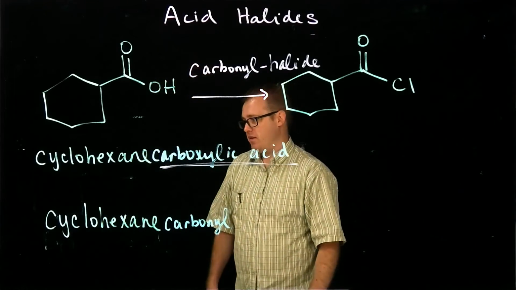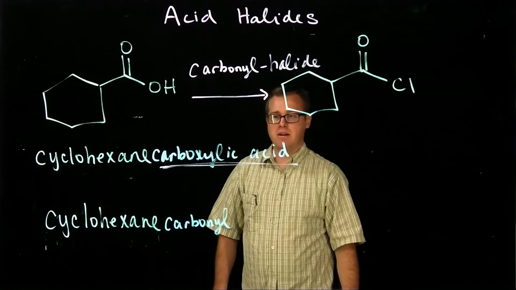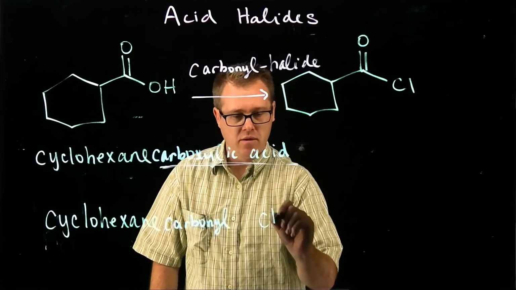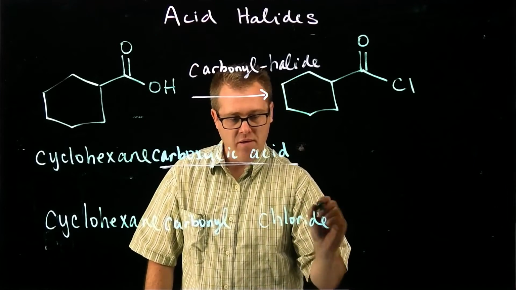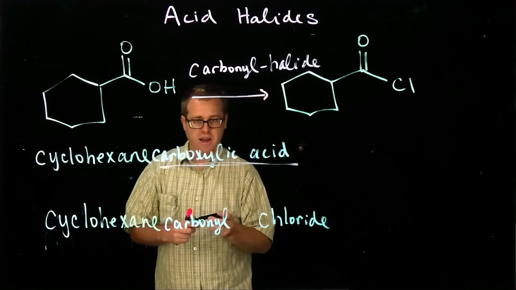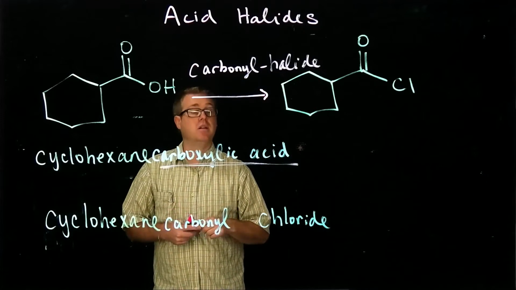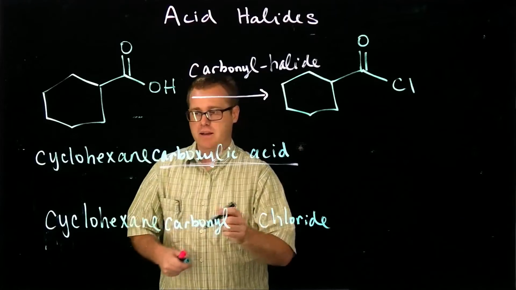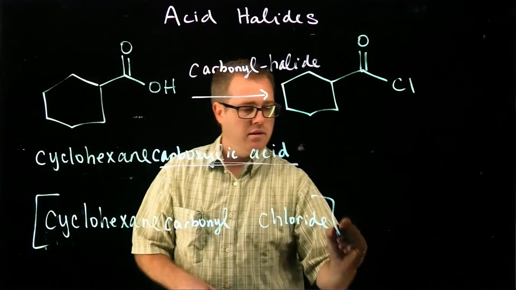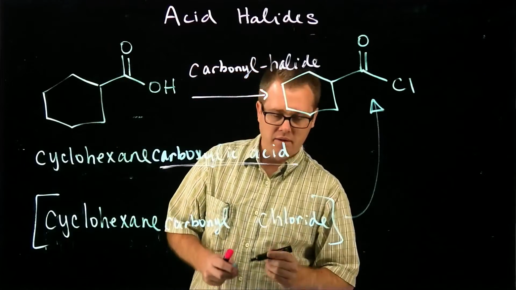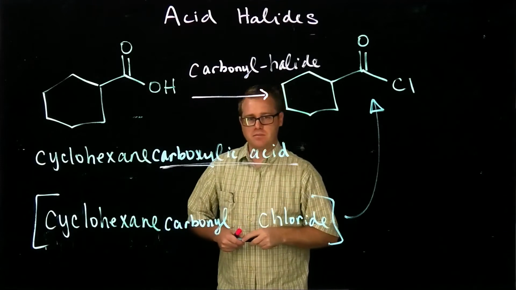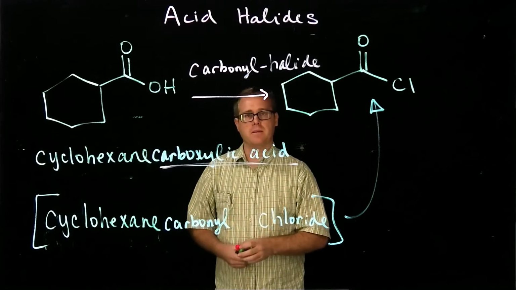And what type of halide do we have? That would be a chloride. Cyclohexane carbonyl chloride. And that right here is the name for that guy. Okay.